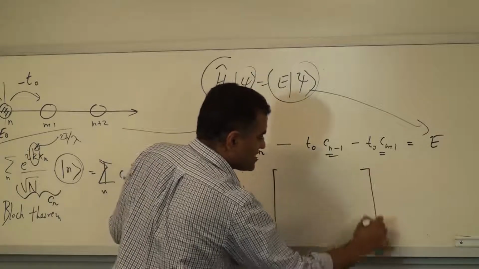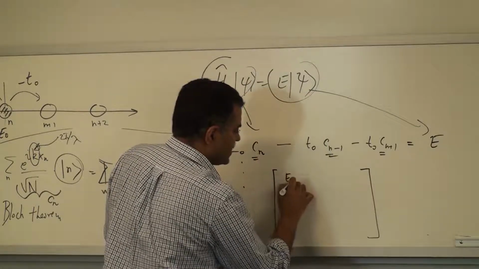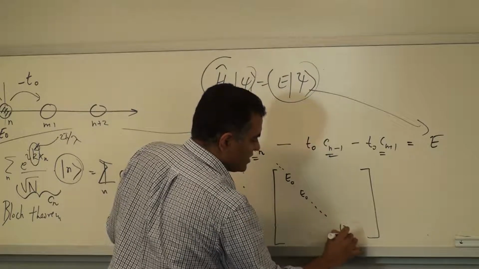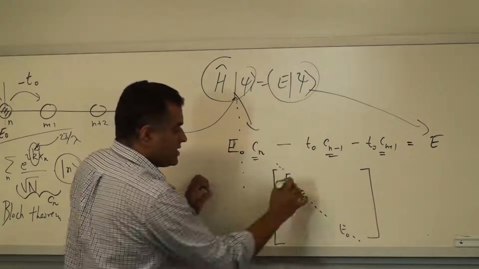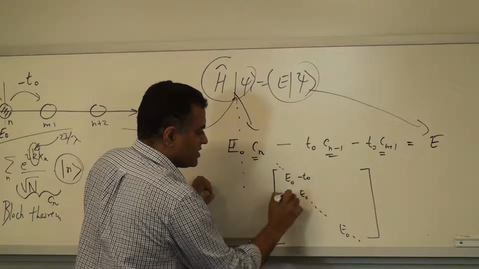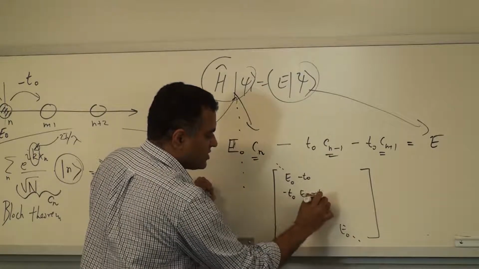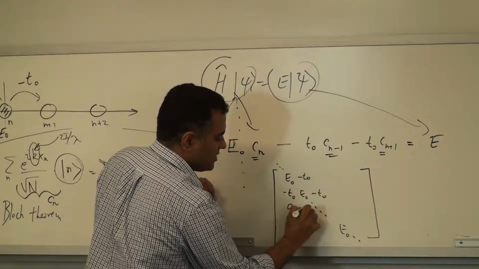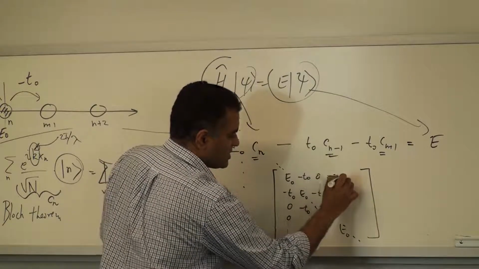The diagonal elements of the matrix will be E0, E0, and E0, and just the next term would be minus T0, minus T0, and minus T0, and then you get 0, 0, and so this is nearest neighbor hopping, okay? And zeros and all that.